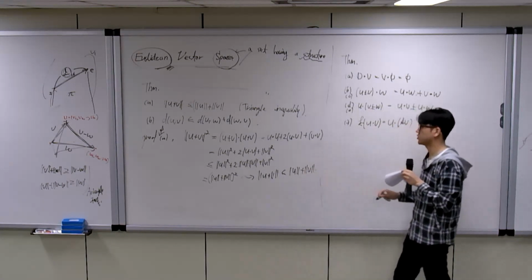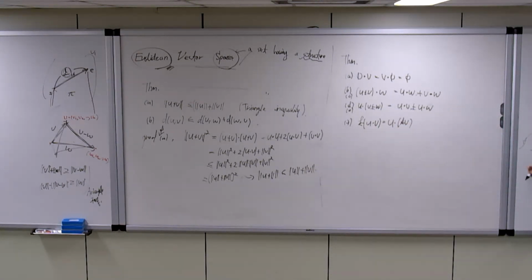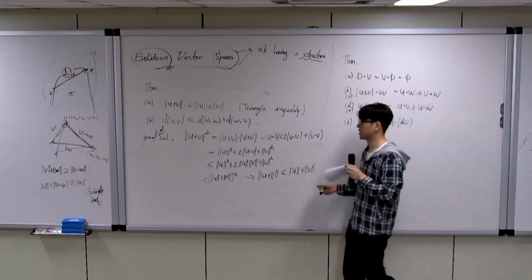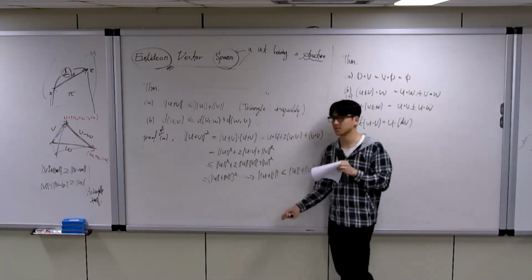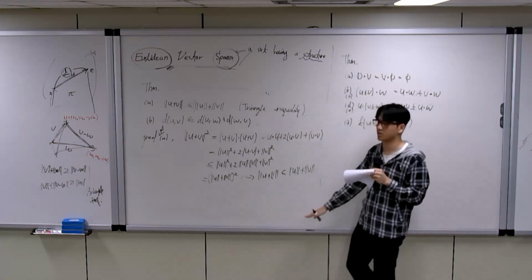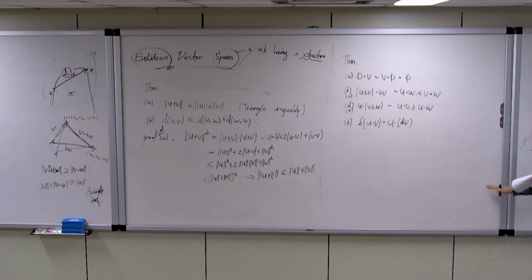And actually, by using the Cauchy-Schwarz inequality, we can prove this, and conversely, by using this triangle inequality, we can prove the Cauchy-Schwarz inequality. So they are the same property in Euclidean space.